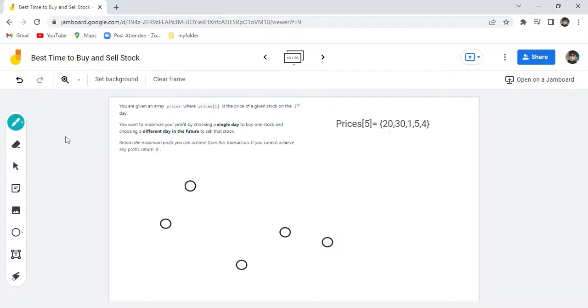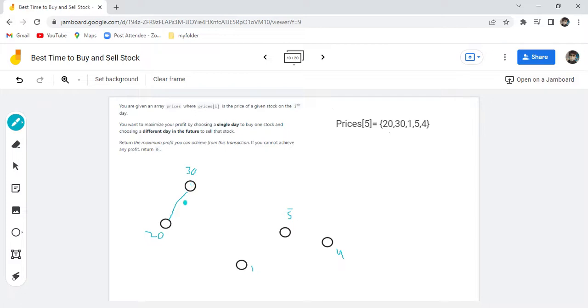So suppose we have the numbers like this. Let me write here the values of these nodes as well. So this is 20, this is 30, this is 1, this is 5, and this is 4. So we have a graph like this.